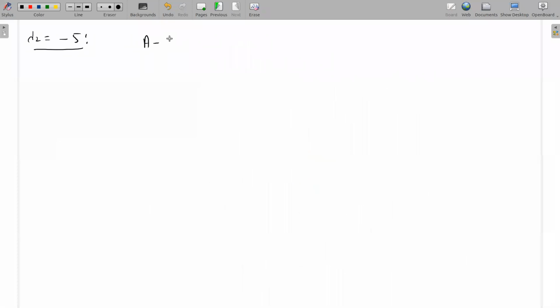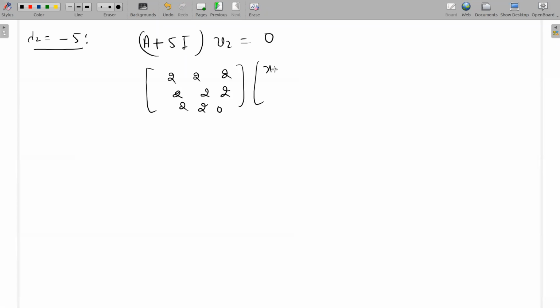So now you need to solve A minus lambda I. बड़ा सिंपल बनेगा ये. जीरो is also जीरो जीरो. तो क्या मिला आपको?